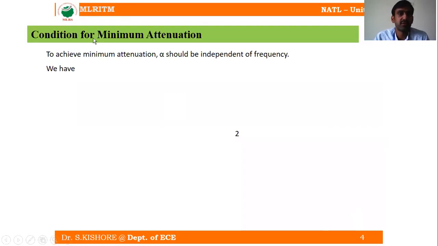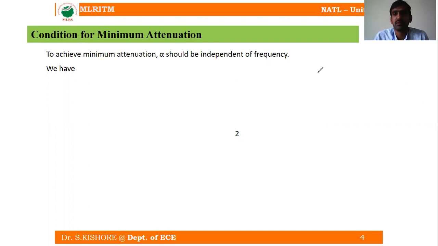So why this condition for minimum attenuation? For a transmission line, we are going to have different parameters. We have the secondary parameters and also the primary parameters.